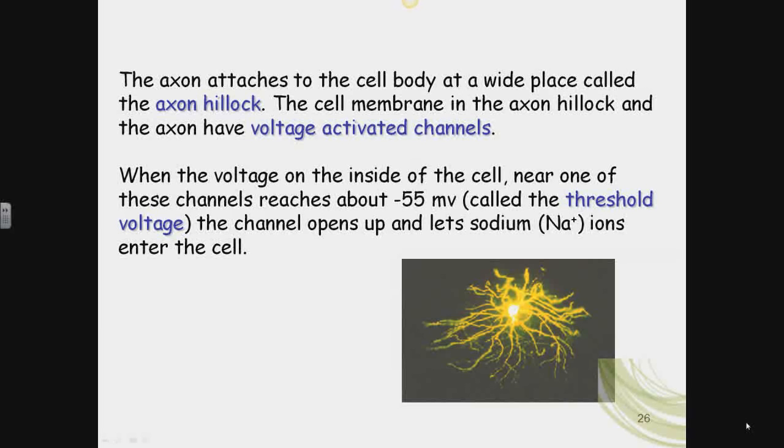And again, different excitable cells have different ranges, but this is a typical one. So you need about a 15 millivolt change, becoming less negative, more positive, for them to open. You don't get that 15 millivolt change, then they don't open. All or none, threshold.